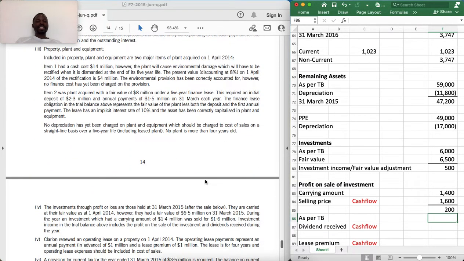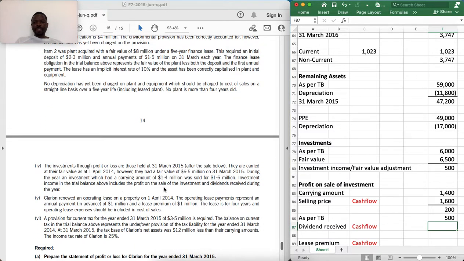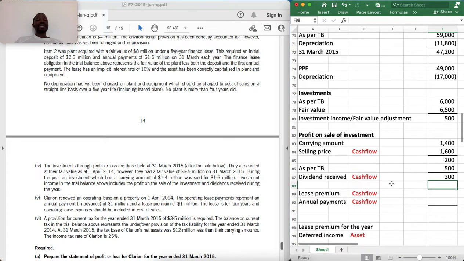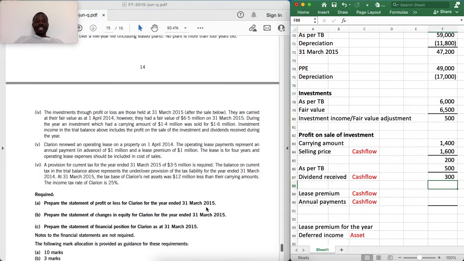So it includes this 200. So as per trial balance, the investment income is 500. It includes this profit of the sale and dividends received during the year. So how much is the dividend received? It's 500 less the profit. So the dividends received during the year are 300. Also the dividend received is the cash flow. We are done with that note.